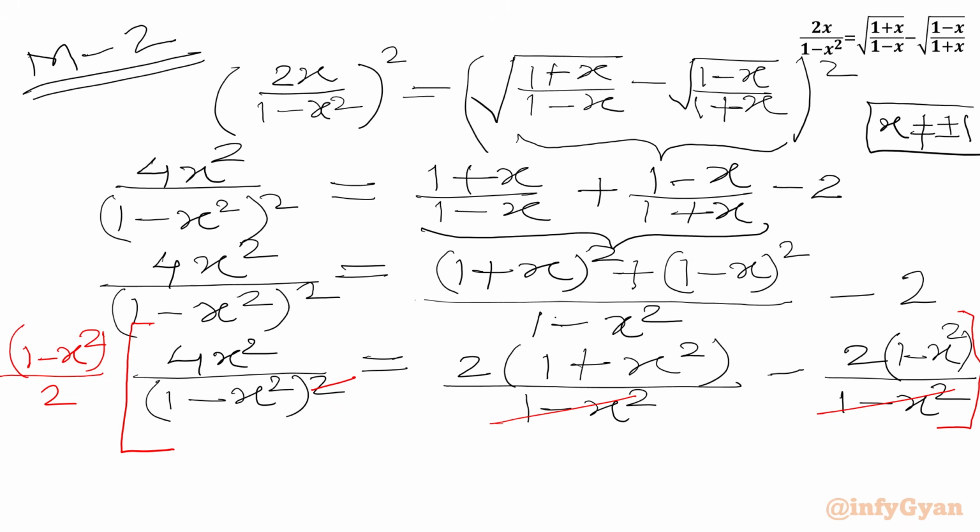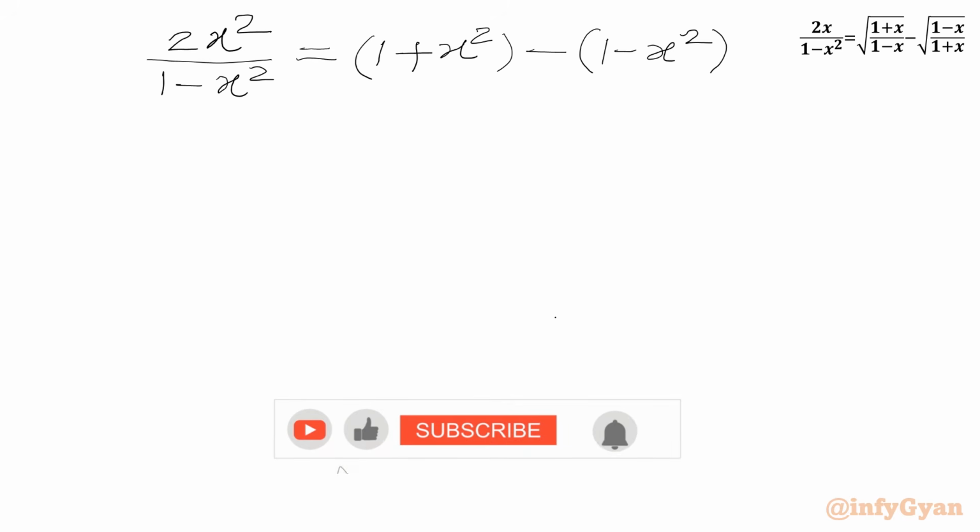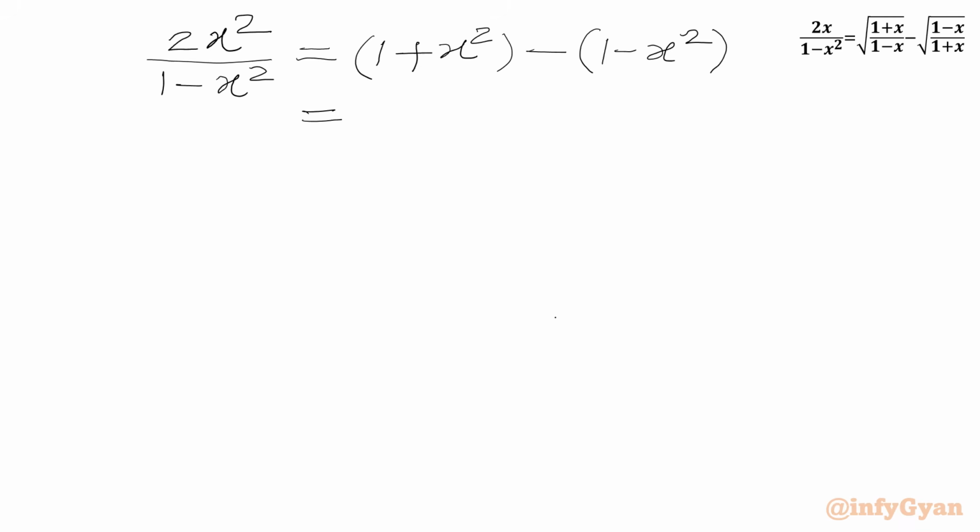We are going to write over here 2, and we will cancel these two 2's. So we'll be getting our equation. Let me write here. So our RHS will give us 1 plus x square minus 1 plus x square. So plus 1 minus 1 will be over. We will write here 2x square. In LHS we have 2x square over 1 minus x square.